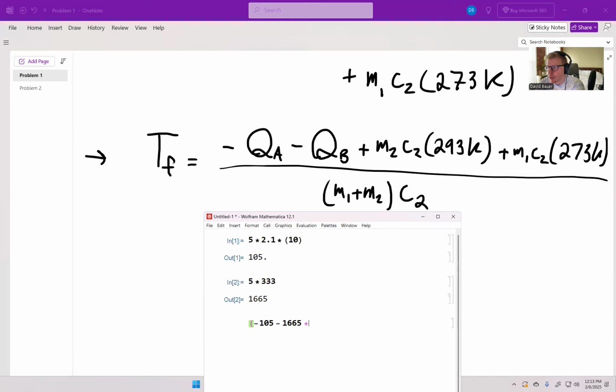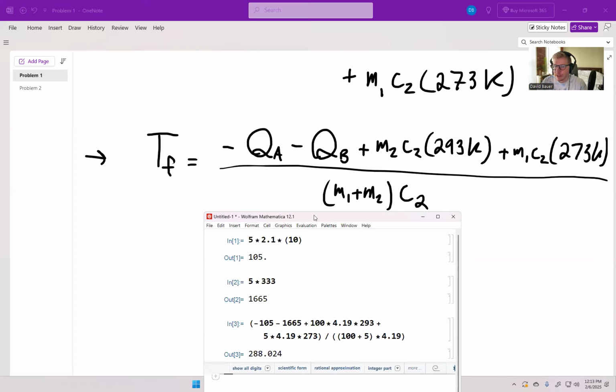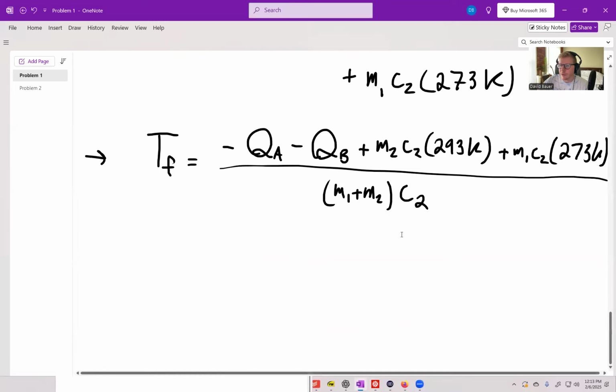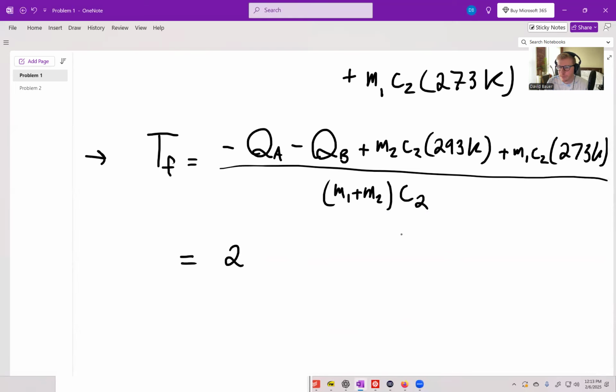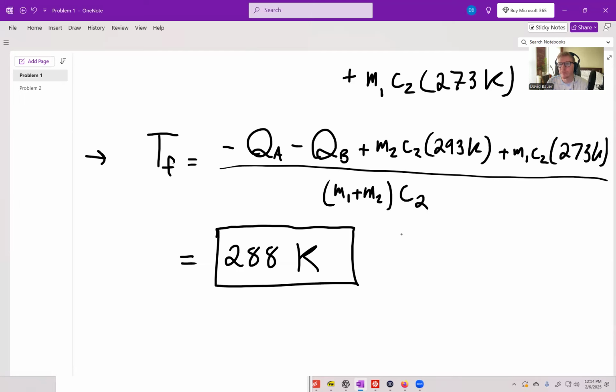Remember, system 2 is the water here, so this is 100 grams times 4.19 times 293, plus M1, which is 5 times 4.19 times 273, and I'm going to take all this, divide by the total mass, 100 plus 5, and then times the specific heat of water. Okay. So I end up with this number, 288 Kelvin. All right, and that's my answer for part A.